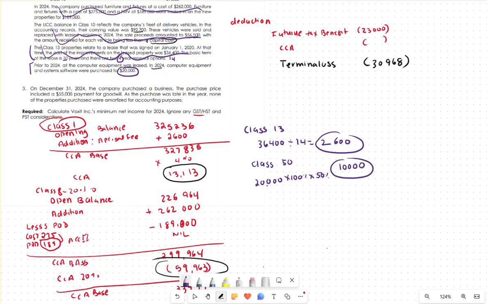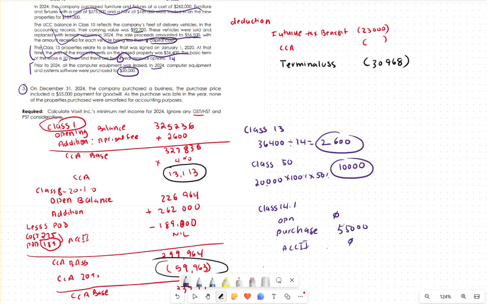Now we also have goodwill on number 3, and that goodwill will come into my class number 14.1. We started with the opening balance of 0, and we purchased goodwill. My purchased goodwill will be 55,000, and there is no ACC investment adjustment, so there will be 0.